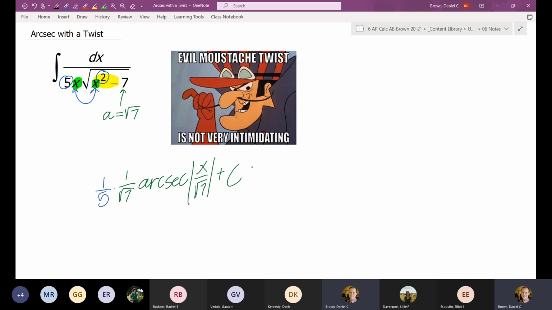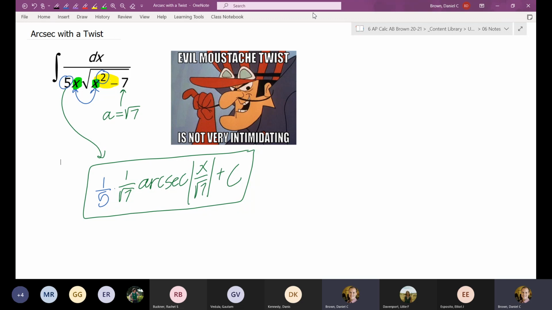The arcsecant one is kind of weird because it does have the absolute value signs in it. This one has 2 things to be careful with: the 1/5, which is coming from that 5 in the denominator, and the 1 over a coming from the 7. That's a direct application of that rule. Questions on that one?